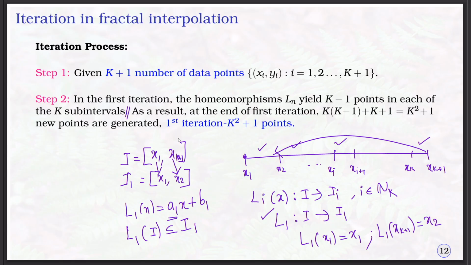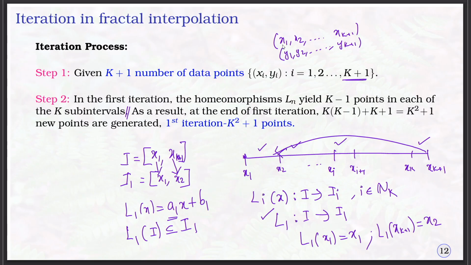We started with k plus 1 points, x1, x2, up to xk plus 1, and corresponding y1, y2, up to yk plus 1.